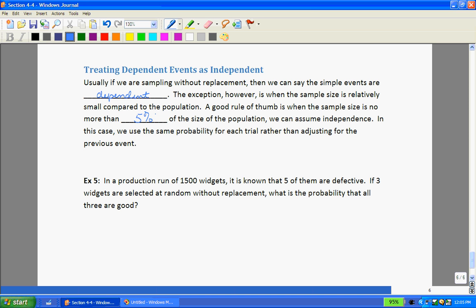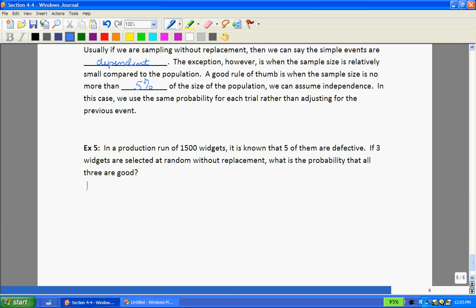In a production run of 1,500 widgets, it is known that 5 of them are defective. If 3 widgets are selected at random without replacement, what is the probability that all 3 are good? Okay, so let's let G be the event that a widget is good.